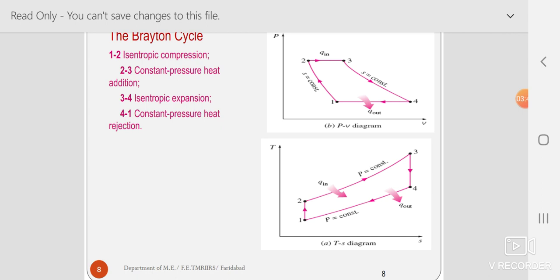So that shows in the TS diagram 1 to 2, where T2 is greater than T1. Because of the compression, temperature increases. Then it comes to the process 2 to 3. This is a constant pressure heat addition. Because of the constant pressure heat addition, there is temperature increase from T2 to T3. And here T3 is much greater than T2.